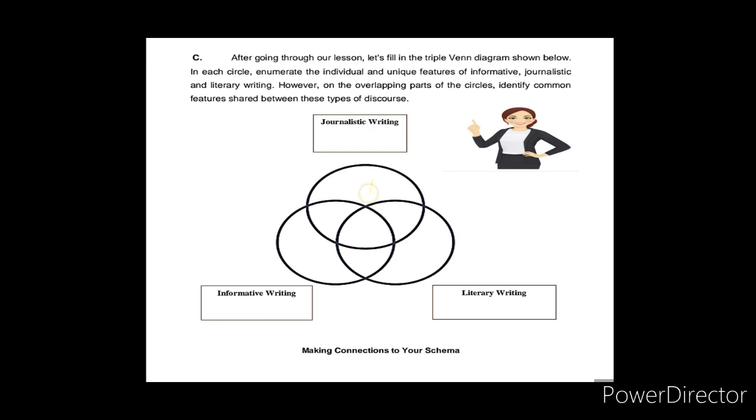This circle is the journalistic, and this circle is literary. In the overlapping parts of the circles in the middle, identify their commonalities or similarities, the common features shared between these three types of discourse. I hope you understood the direction. Good luck in answering.